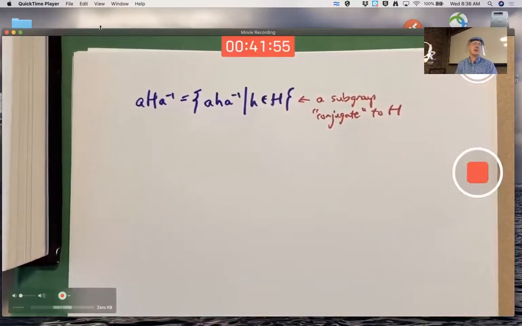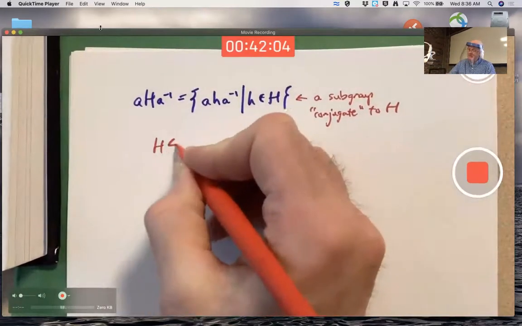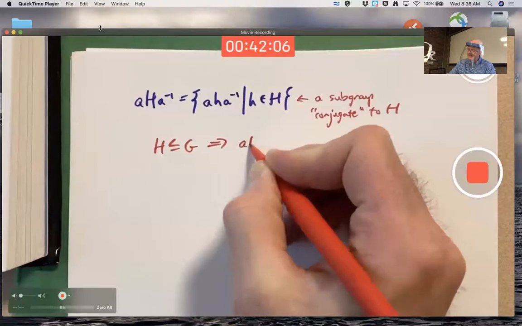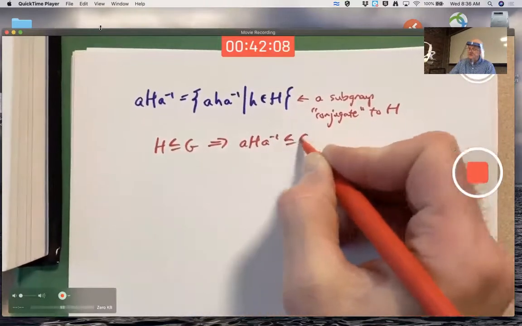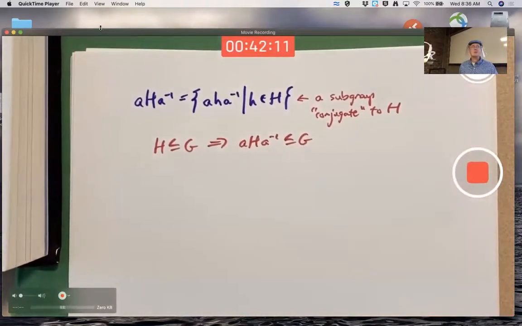You can prove it's a subgroup actually, no matter what a is, as long as H is a subgroup. H is a subgroup of G implies this set is a subgroup of G. You could use one of the subgroup tests to verify that, and I would encourage you to do so.